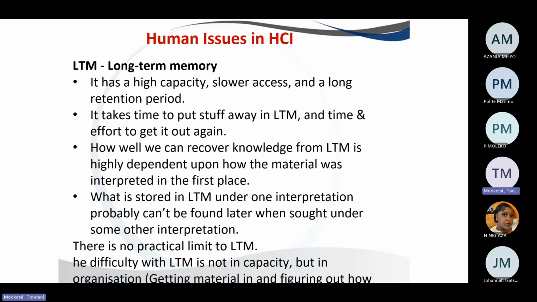So perception is the way that we detect information in the environment. Cognition is the way that we process that information. So just make sure that you understand the two.